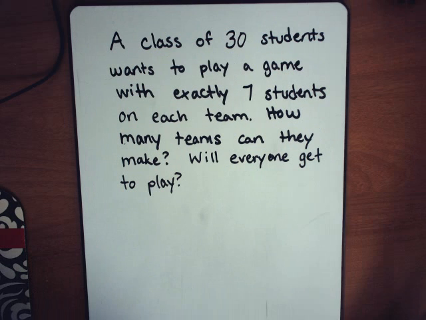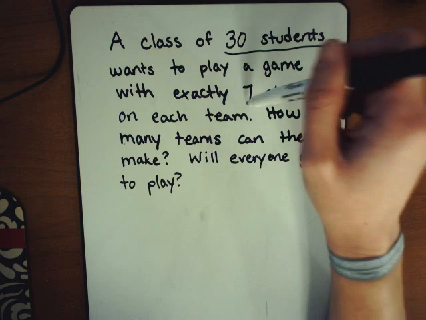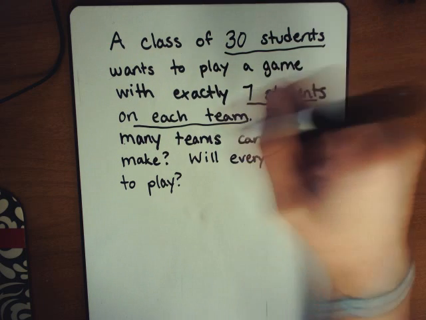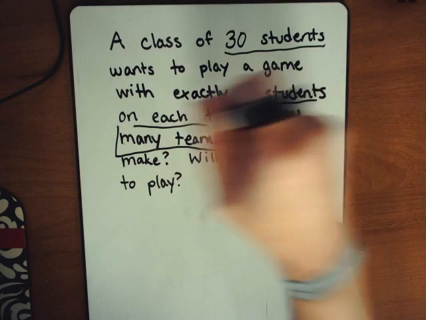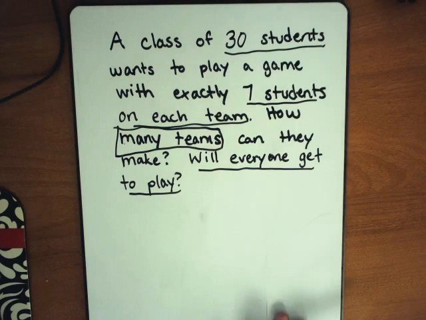So as I read through again, I want you to ask yourself what's the important information that I should be underlining. That's right, we've got 30 students in this time. There's 7 students on each team. And I'm again wondering how many teams there are, and will everyone get to play? Okay.